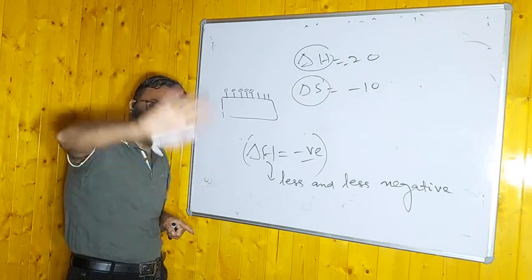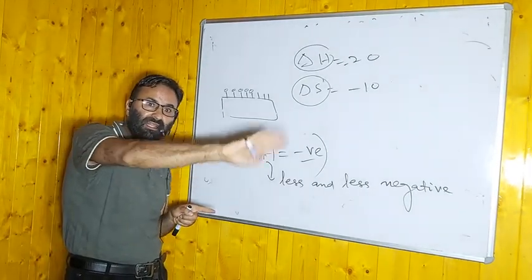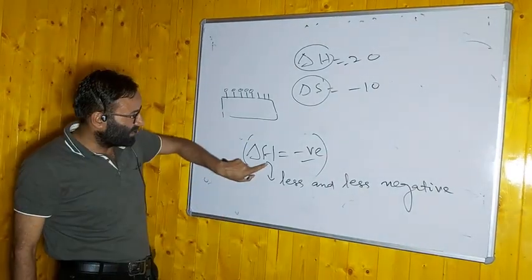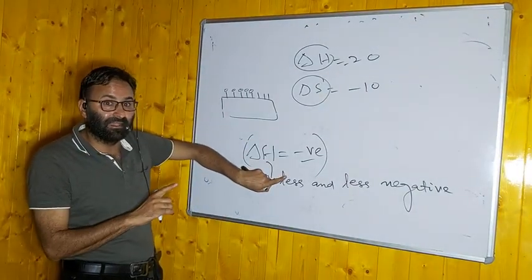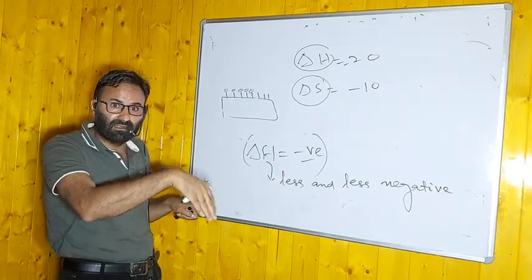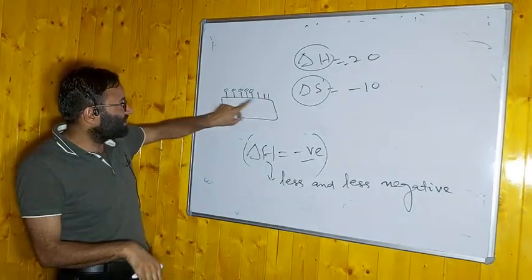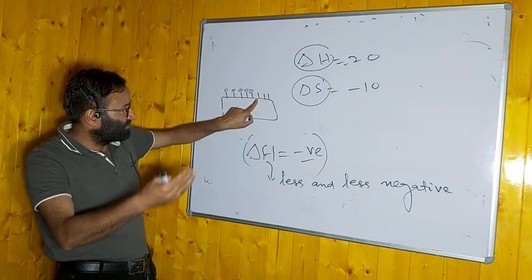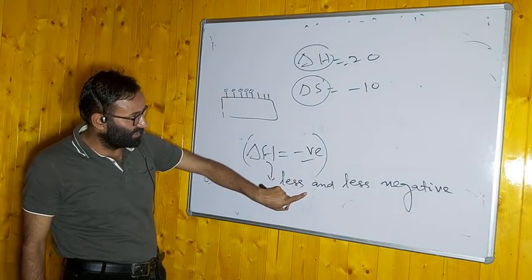Initially the adsorption process is supreme, but as the adsorption process takes place, delta H becomes less and less negative. Initially a tremendous amount of energy gets released because all the sites are free, but as the adsorption process takes place, less and less energy gets released.